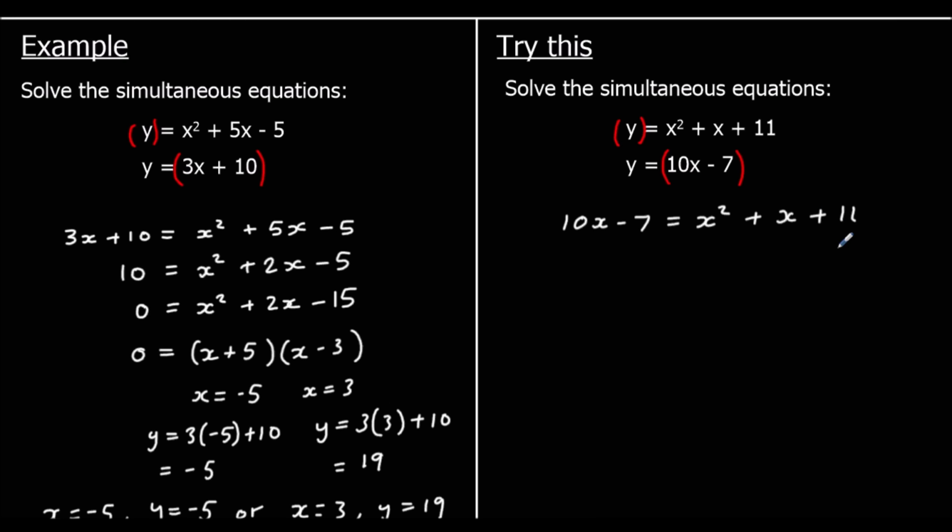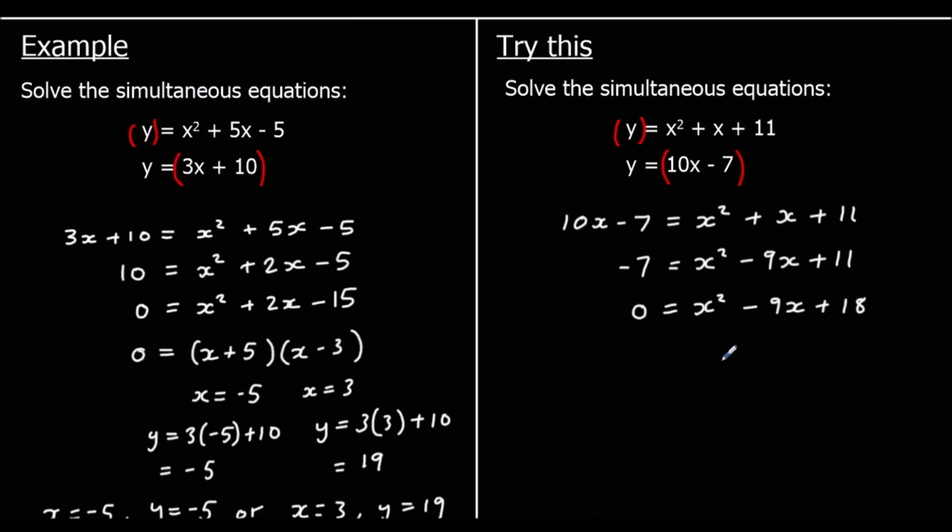Let's make it equal to 0. So take 10x away from both sides. So negative 7 is x squared minus 9x plus 11. And then plus 7 to both sides to make it equal to 0. So x squared minus 9x plus 18 is equal to 0.